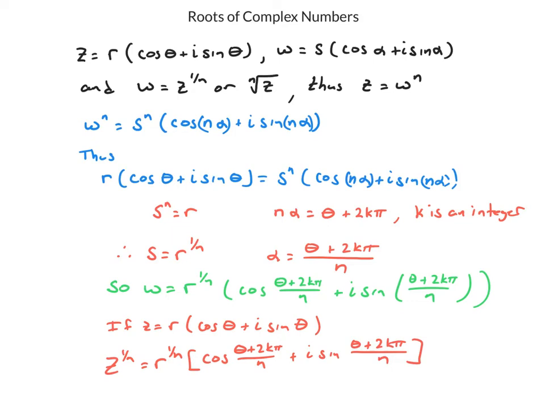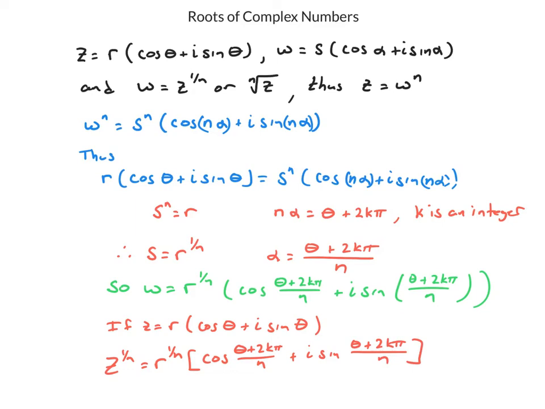So in this case, we're going to go through and define our two complex numbers. One is z. z is equal to r times the cosine of theta plus i sine of theta. Another complex number we have is w. w is equal to s times the cosine of alpha plus i sine of alpha.